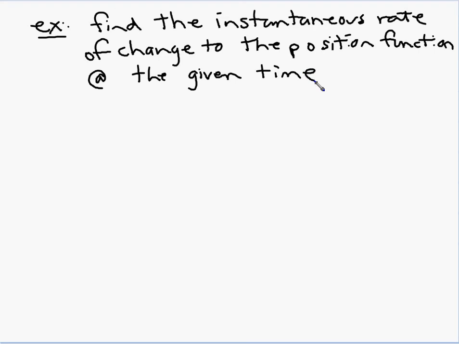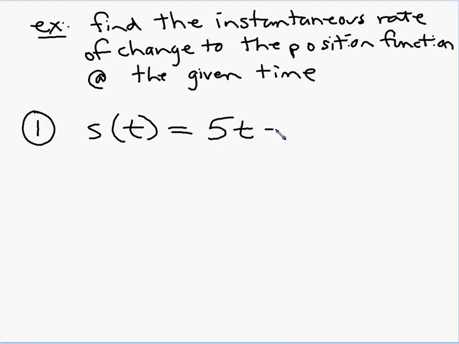All right. So what they're going to do is they're going to give you a position function, s of t equals, I'll use an easy function since we just did a hard function. Let's say that I have 5t minus 8. Okay, let's say that that is my position function.